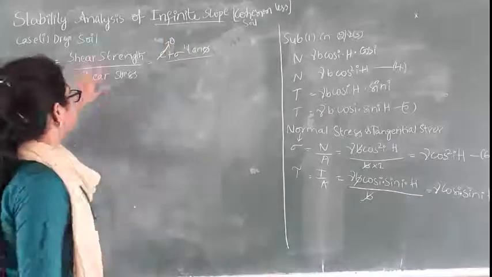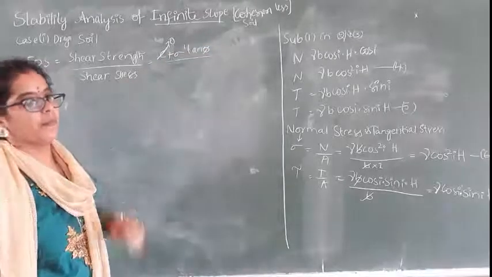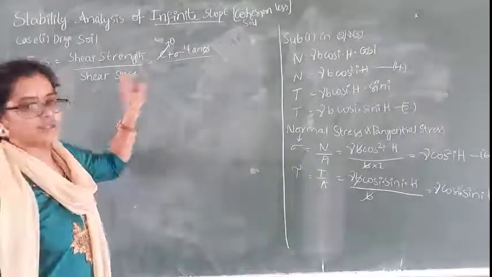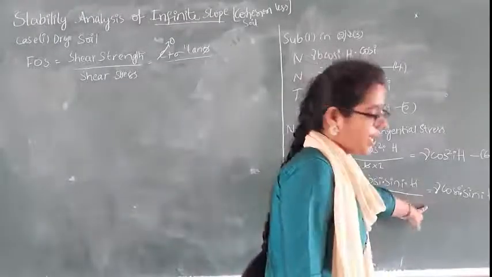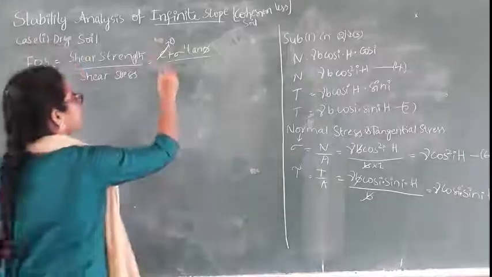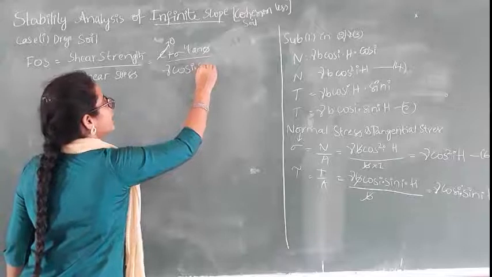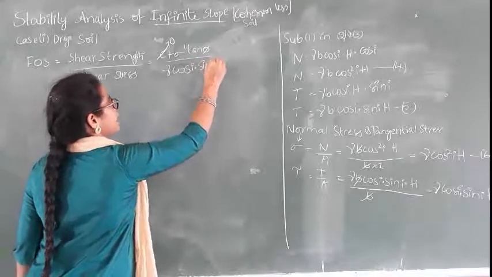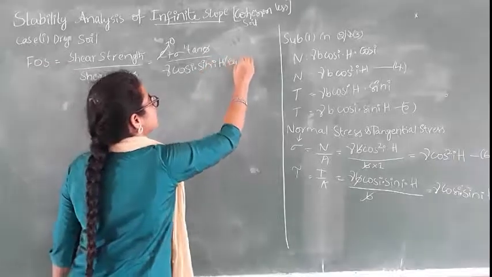So the shear strength is equal to sigma dash tan phi only. And the shear stress we got is gamma into cos I into sin I into h, from equation 7.